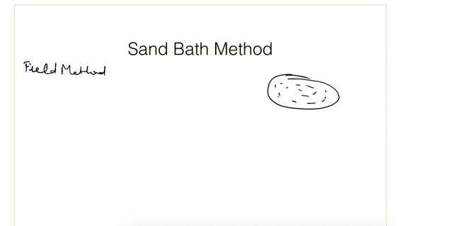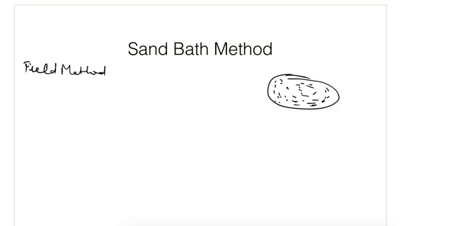Next is the sand bath method. This is a field method, and if we want to calculate the moisture content directly in the field, then we use this method. In this method, sand bath is just a container, which is filled with at least 3 centimeter of sand.